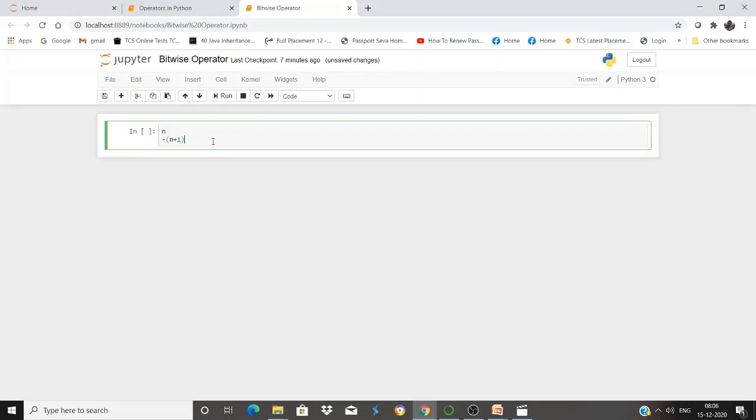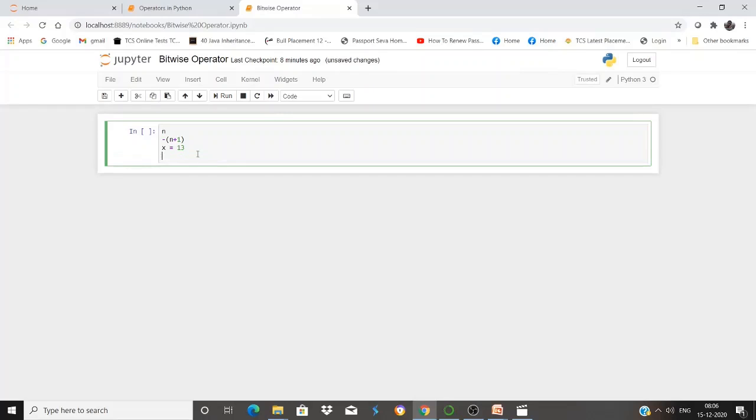Let's say we have a variable called x and we assign the decimal value 13 to the variable x. Now, we apply the bitwise complement operator on the variable x like this. This symbol is called tilde.